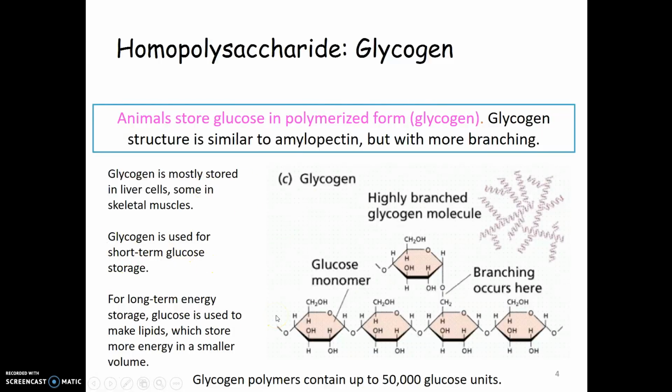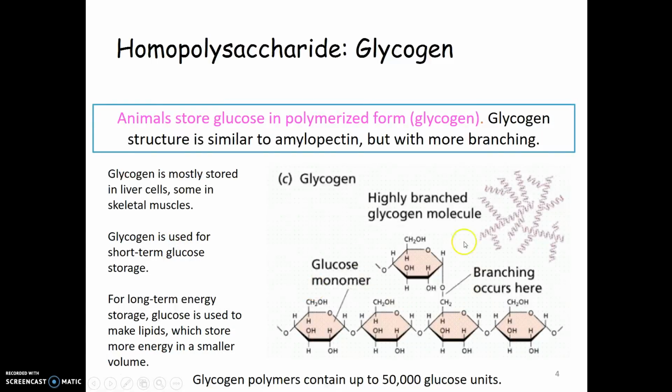If we want to store energy for the long term, we convert our carbohydrates into lipids, because as we talked about earlier, our lipids are highly reduced and therefore can provide lots of energy by being oxidized a lot.